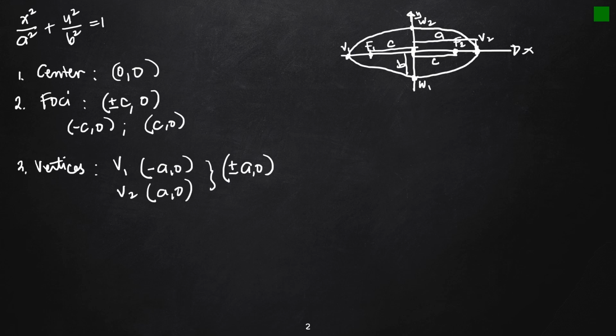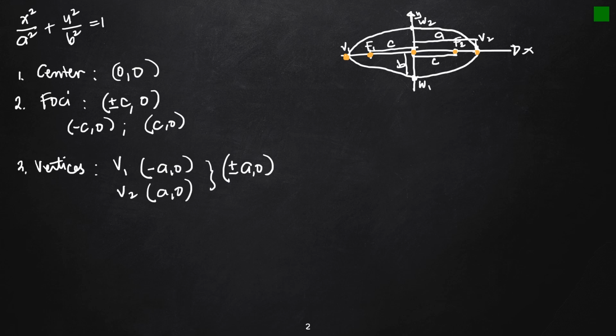If you look closely at the vertices, v sub 1 and v sub 2, and let me use the yellow ink so that it will be emphasized, v sub 1 and v sub 2 and the center are collinear, and so are this focus f sub 1 and the other focus, f sub 2. These 4 points are collinear.